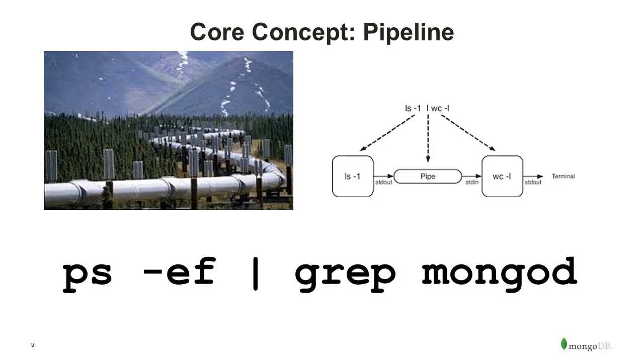You're all somewhat experienced MongoDB users, and so I'm sure many times you logged onto one of your production servers or test servers, and were wondering if Mongo was running. And so you probably typed some kind of a command similar to this to list all the processes and then find the ones that contain the string mongod. So in this case, the output of the ps command becomes the input of the grep command. This is the fundamental concept of the aggregation pipeline, and really the one thing that you need to keep in your head.